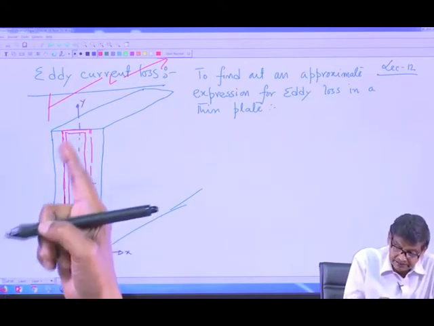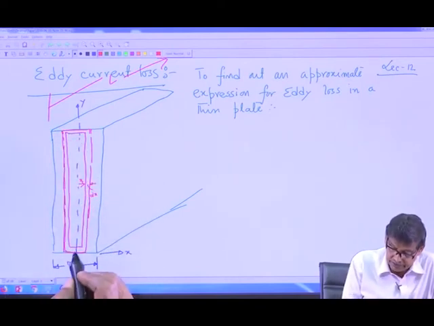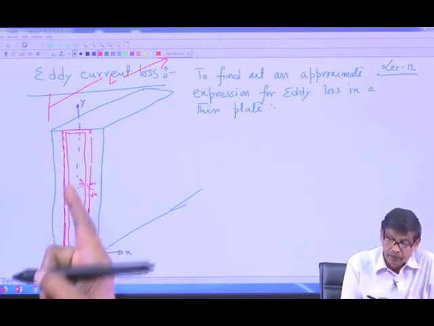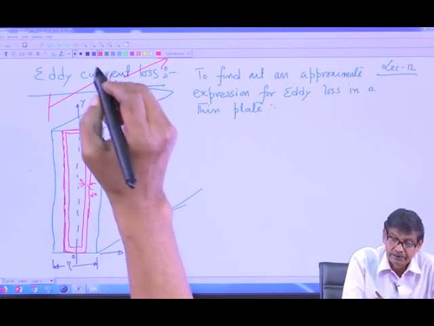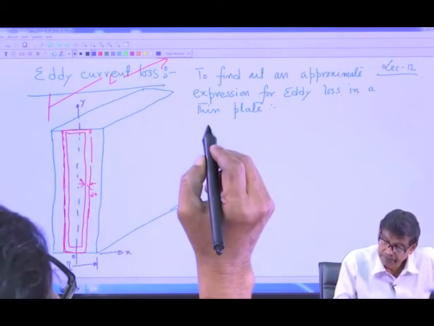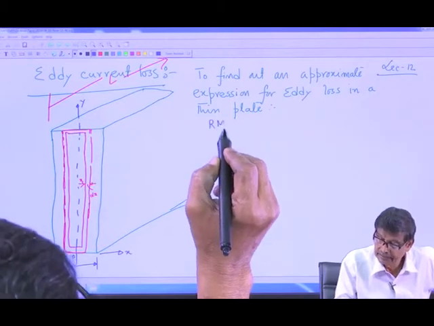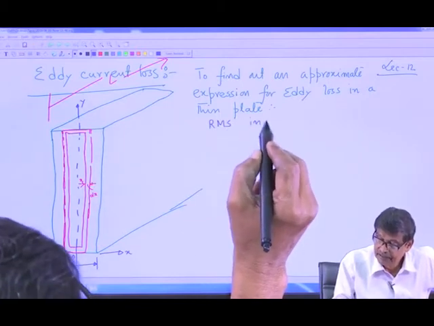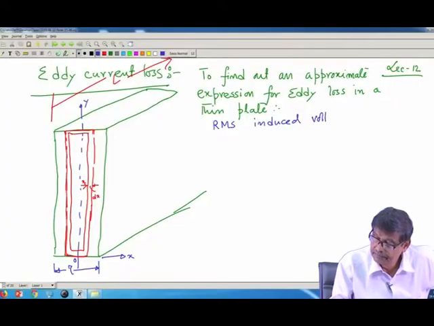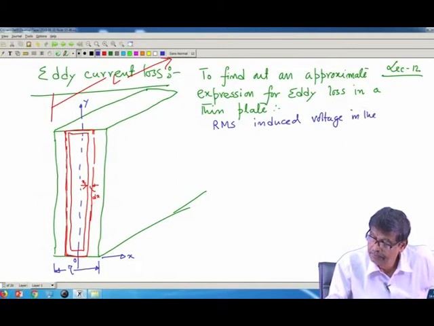Now, in this considered loop of thickness dx, what will be the RMS induced voltage in the loop?